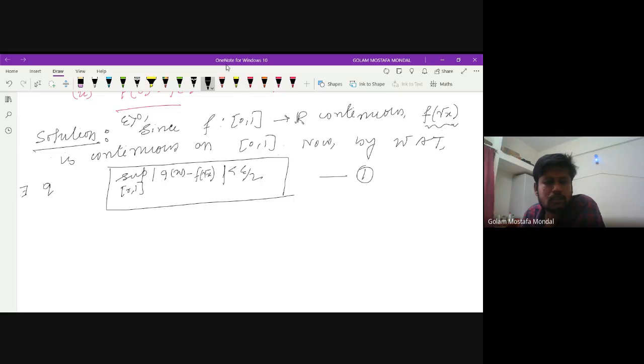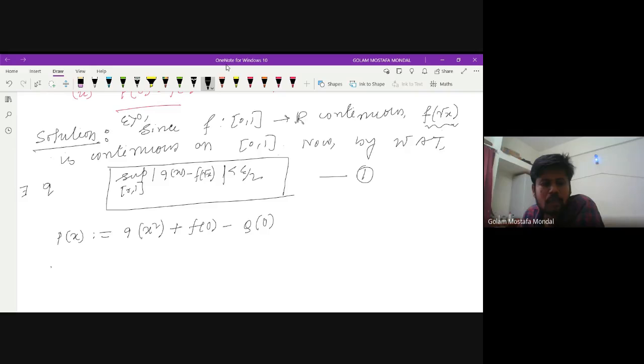Now define px equal to qx square plus f of 0 minus q0.